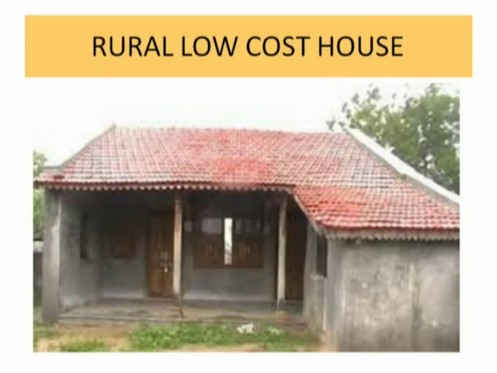This is another picture of a rural low-cost house. In this low-cost house, locally available mangrove groups are utilized, and the common material which is available in the rural area, brick, is utilized. With the cheap material, this type of rural low-cost house is constructed.